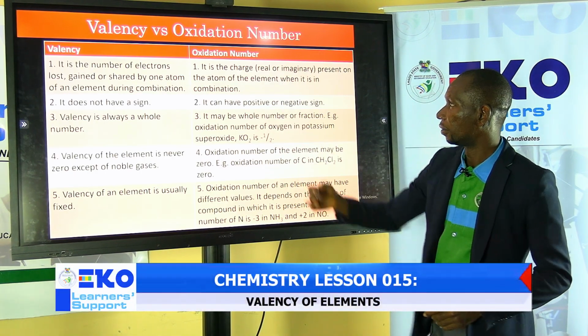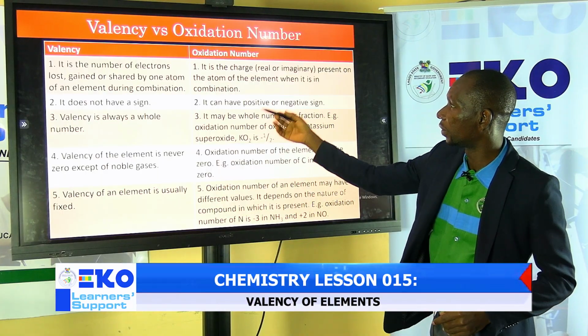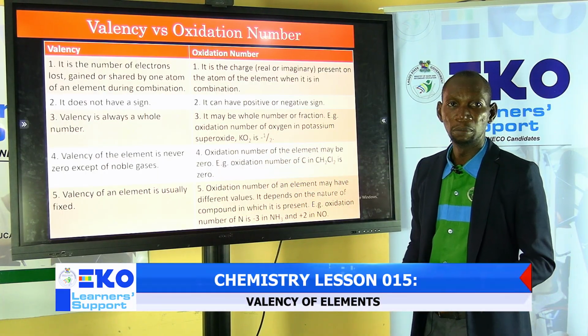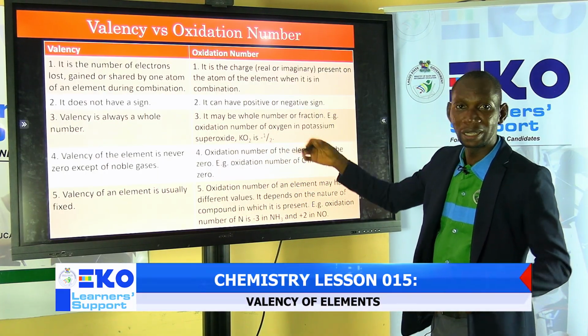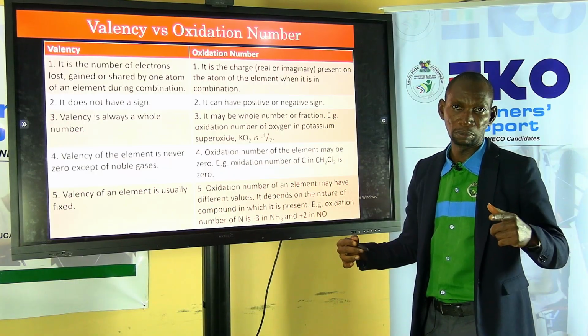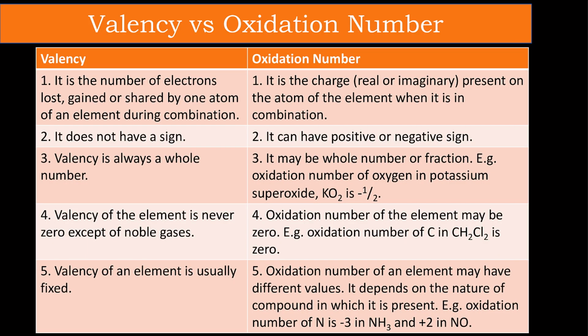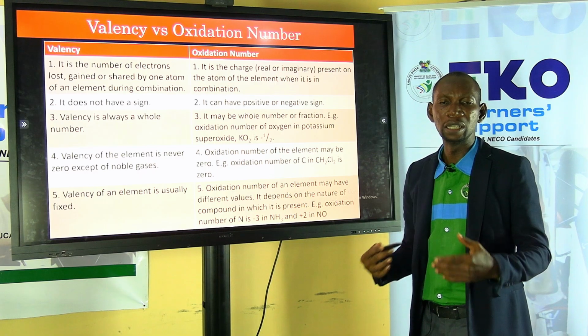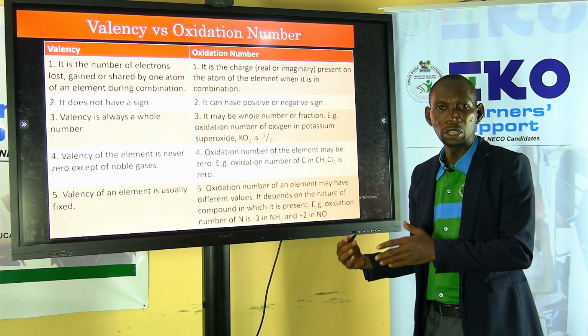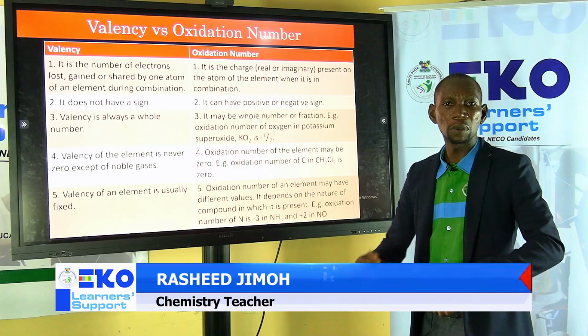You can see that valency is the number of electrons lost, gained, or shared by an atom, while oxidation number is the charge on an atom. That emphasis has to be made. Valency does not have a sign. So for example, the valency of sodium is 1. The valency of chlorine is 1. But when you come to oxidation number, the oxidation number of sodium in most of its compounds is +1.